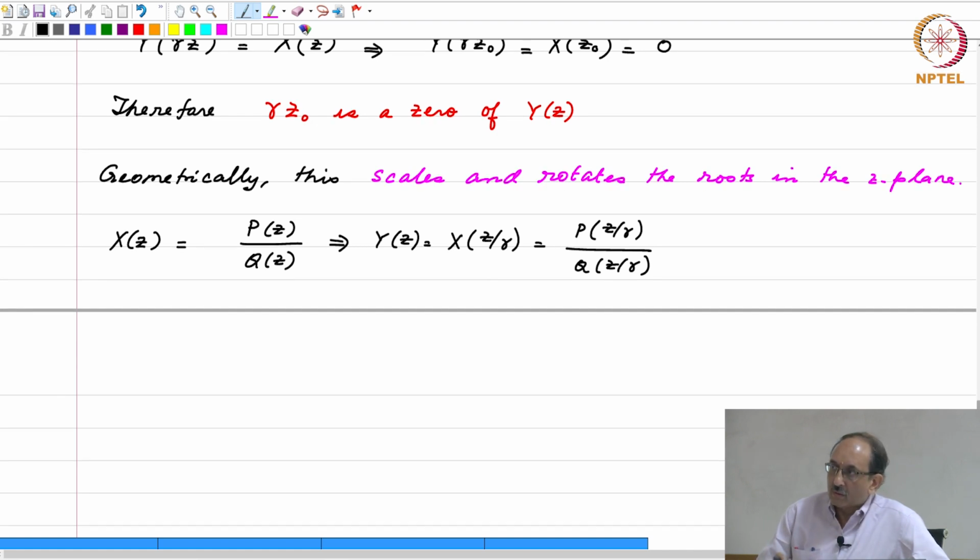Again, this is not just an idle property, in the sense that it is not just mathematical. It has an important application in, say, for example, a speech coder. In speech coding, what they do is they do perceptual weighting.